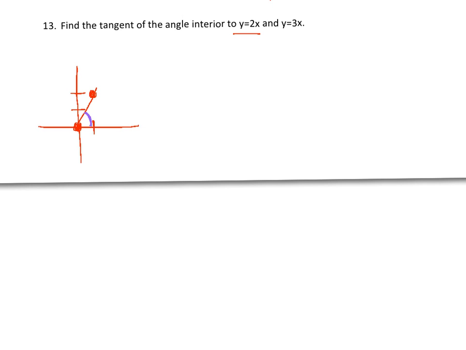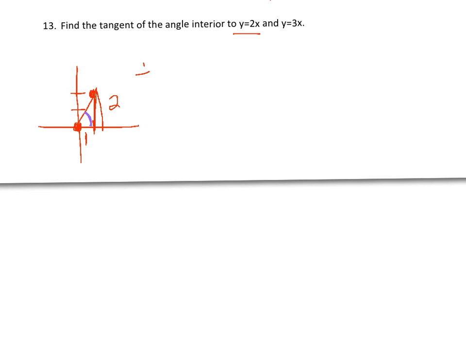So if I draw a triangle and attach it to the x-axis, there we go. I know that the opposite side of the angle is 2 and the adjacent side is 1.